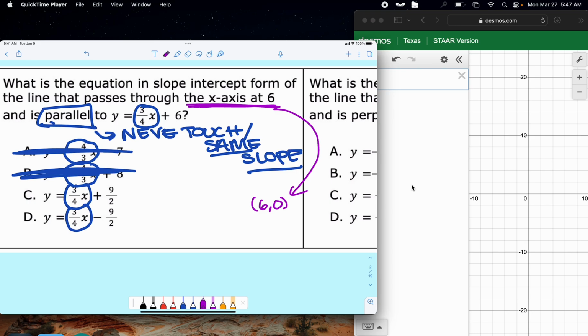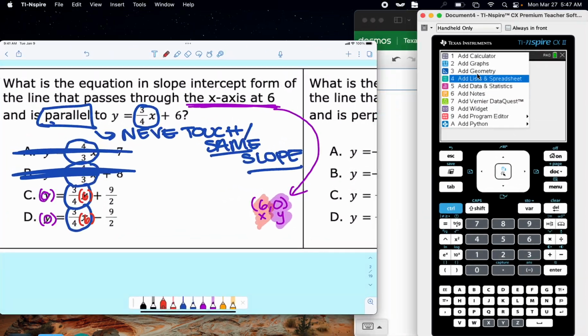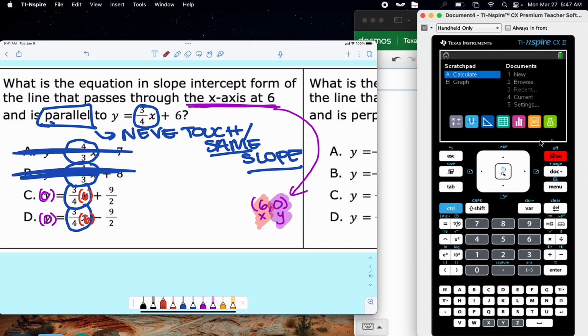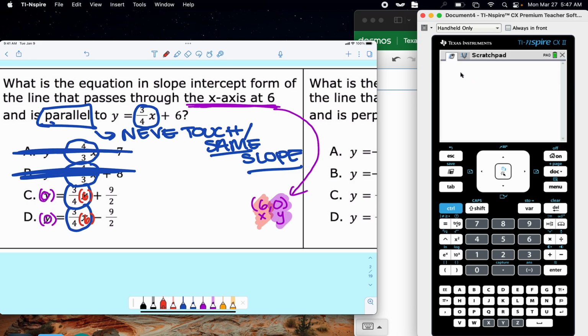So we can either do true or false, or graph it. So let's try true or false real quick, and then I'll show you graphing. So true and false, you have x and you have y. So anywhere you see a y, you're going to replace with 0. Any place you see an x, you're going to replace with 6. So we're going to go to our calculator, and we're going to type it in exactly how we see it.